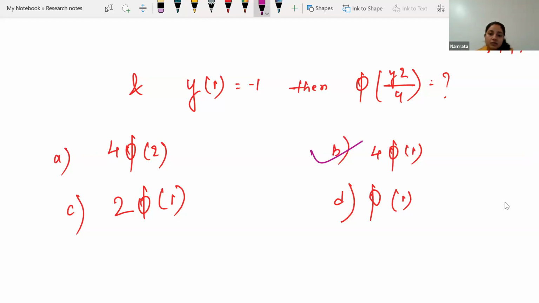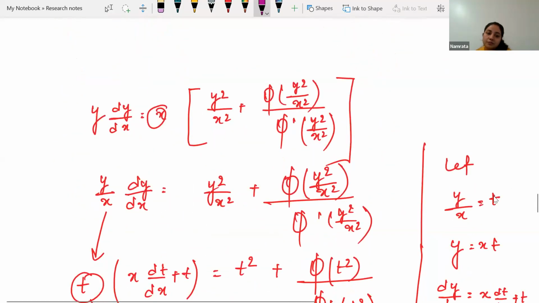Let's see from the very beginning what we have done. This was the differential equation we were having. Whenever we have a differential equation, we do the integration, we use the condition, we find the constant of integration, we substitute the value we got for the constant back, and then we write the answer. That's it. So here also dy by dx is there, y by x, y by x.